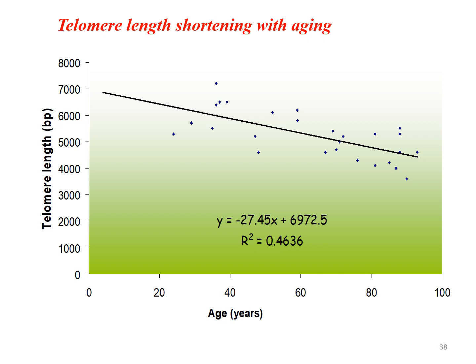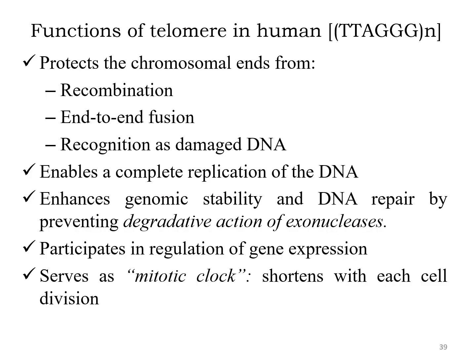The functions of telomeres in humans, in short, are to protect the chromosomal end from recombination, end-to-end fusion, and recognition as damaged DNA, enable the complete replication of DNA, enhance genomic stability, assist DNA repair by preventing the degradative action of exonucleases, participate in regulation of gene expression, and serve as a mitotic clock which shortens with each cell division. So this is all, in short, about DNA replication.